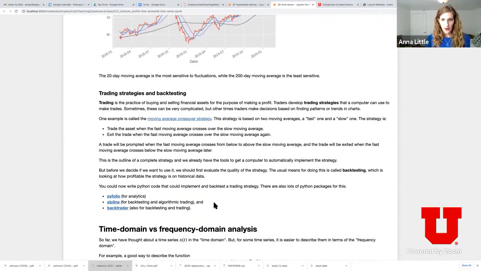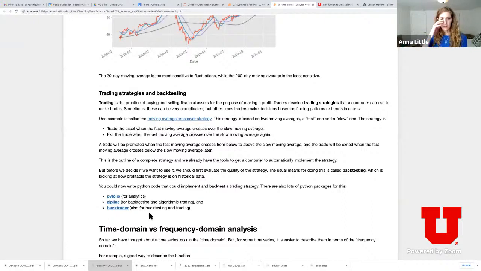Regarding backtesting, you can write Python code that can actually implement and backtest a trading strategy. But there are also lots of Python packages that are already written for this: PyFolio, Zipline, Backtrader.